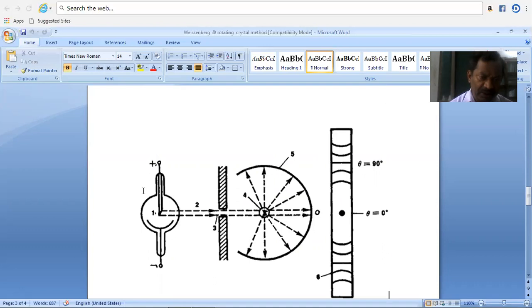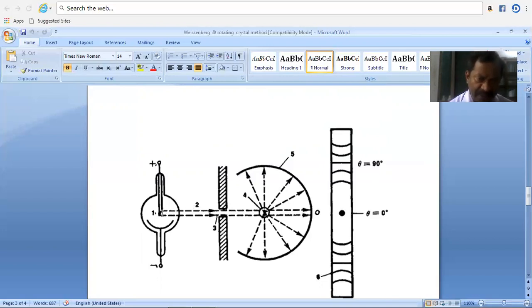This is the X-ray tube. Number one, X-ray from the X-ray tube. One represents the X-ray beam. Number two, these are lead slits, that means slit one, slit two. Two is the X-ray monochromatic beam.